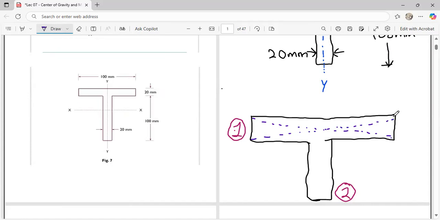Yes, their center of gravity. Over here too, if you take this section and try to get its center of gravity, you realize that it is going to be somewhere in the middle here.